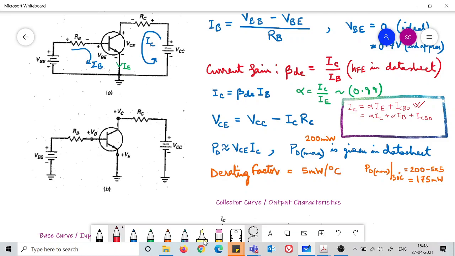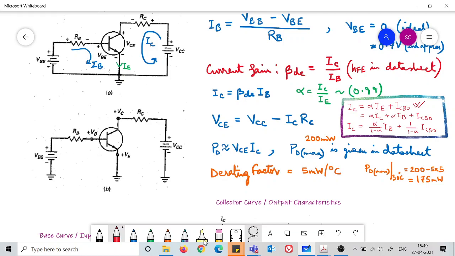Now you can say that IC is, dividing by 1 minus alpha, alpha by 1 minus alpha IB plus 1 by 1 minus alpha ICBO. This is true in all cases. Alpha by 1 minus alpha, by the relationship between beta and alpha, you will readily understand, alpha by 1 minus alpha is beta. So this is beta into IB, but there is something else.